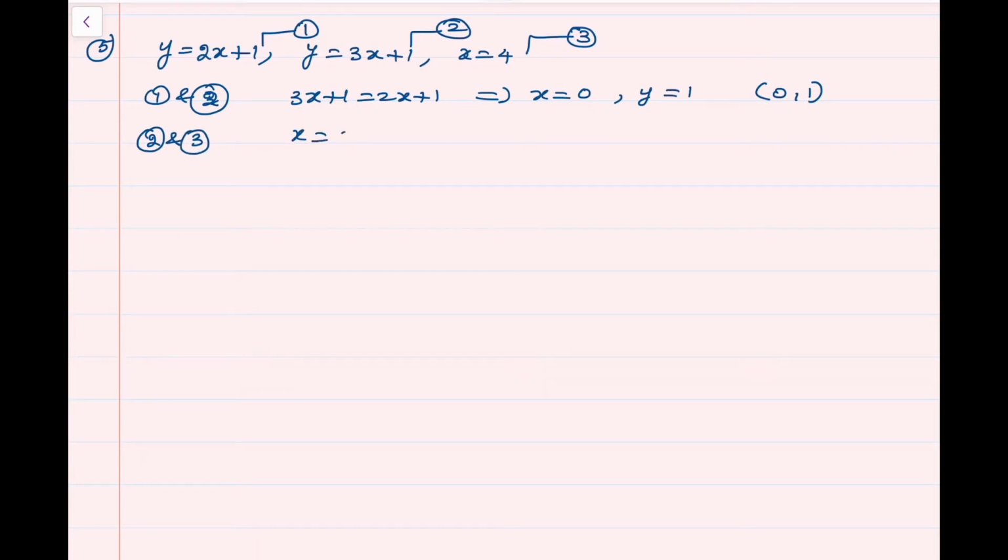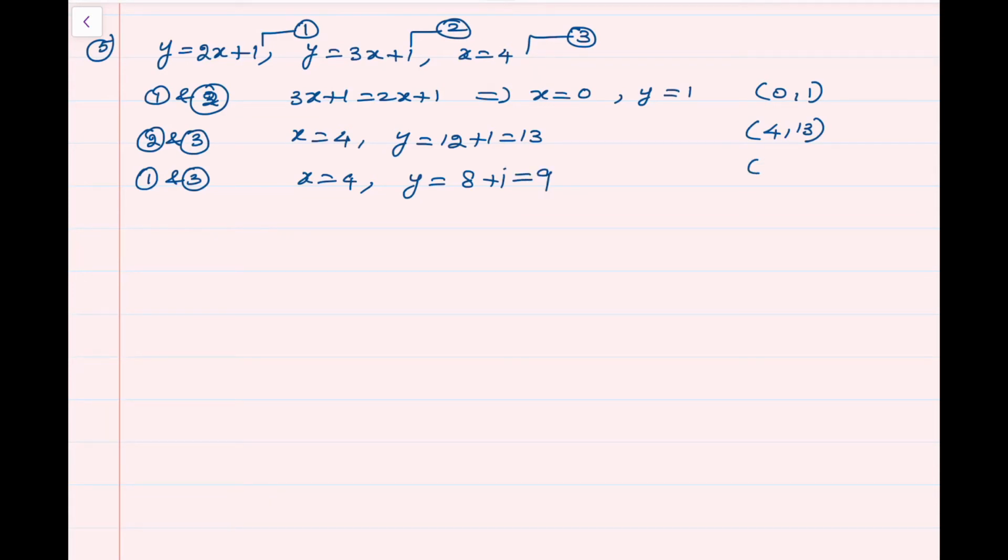X is 4, y will be 4 3s are 12 plus 1, which is 13. The point of intersection is 4, 13. Now, let us solve 1 and 3. X is 4 and y is 2 4s are 8 plus 1, which is 9. Therefore, the point of intersection is 4, 9.